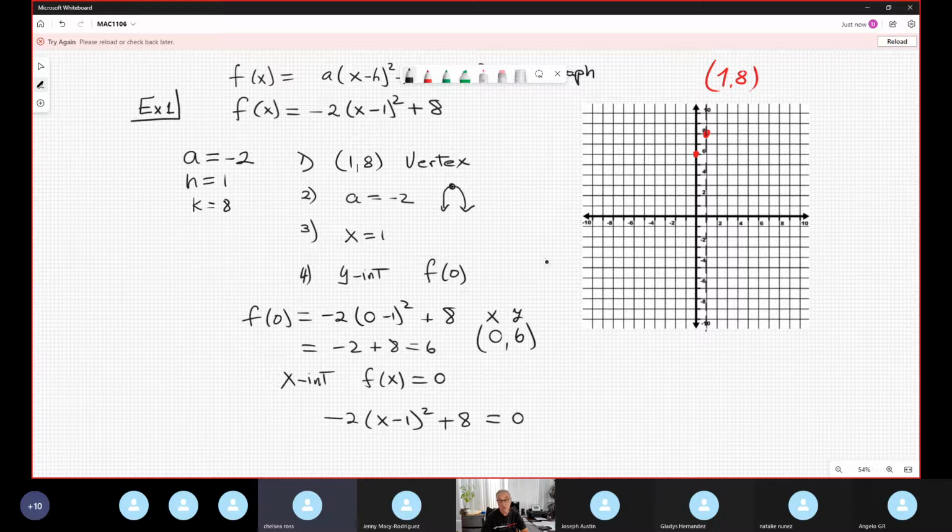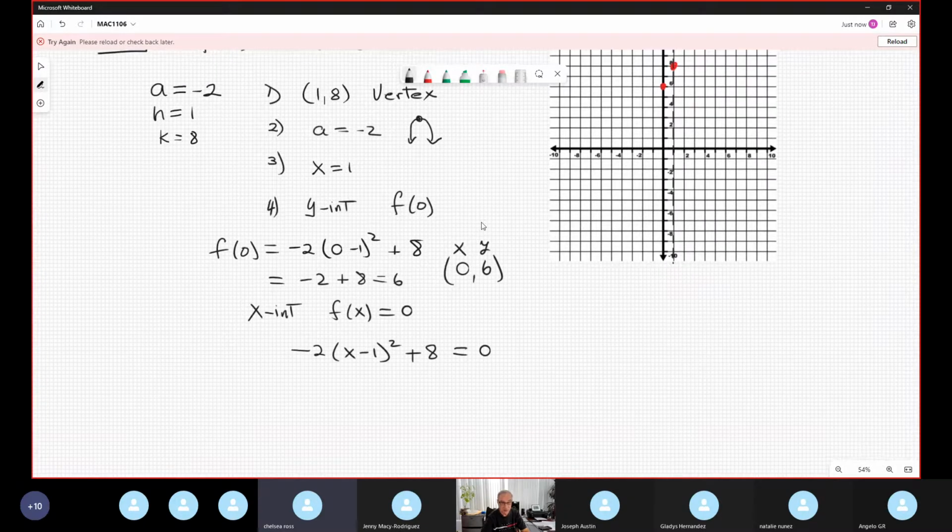And you solve this quadratic equation, which is super easy. Look, let me show you. -2 (x minus 1) squared equals -8. I move 8 to the right-hand side. Divide by negative 2 on both sides. (x minus 1) squared equals 4.